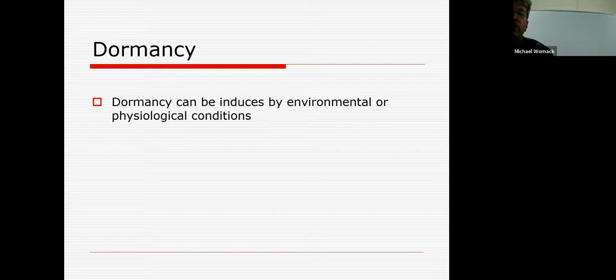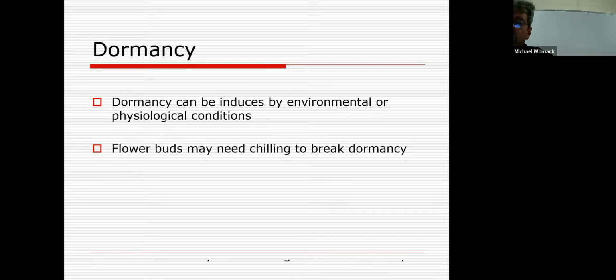They need a certain amount of cold temperature in order to break their dormancy because they are temperate plants. We move them out of where they originally came from into warmer areas, and they're not adapted to that. So again, dormancy can be broken either by an environmental condition or some kind of physiological change.